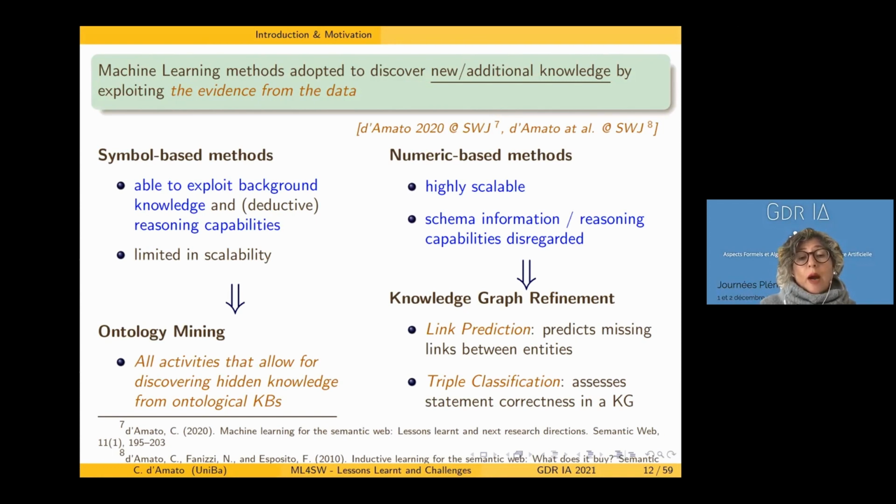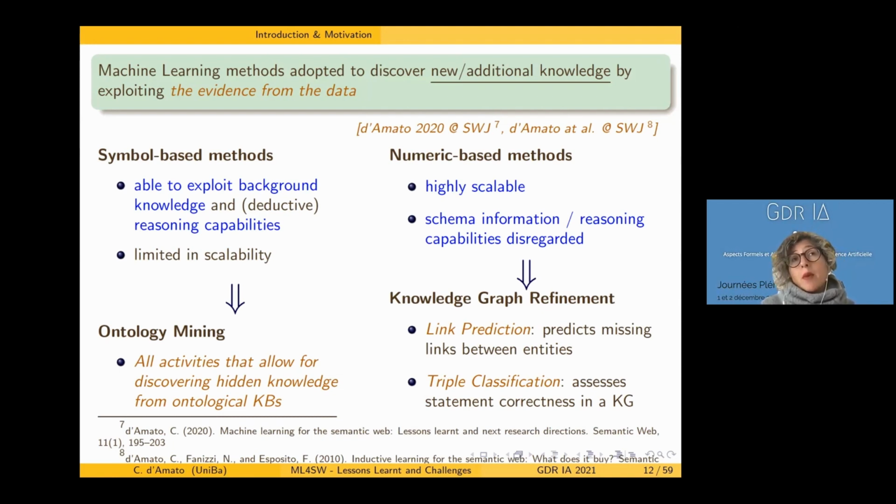And by ontology mining here, we refer to all those activities that allow for discovering hidden knowledge from ontological knowledge bases. The key point of these methods is that they are able to exploit the background knowledge which is provided by the adopted ontologies, and also deductive reasoning capabilities may be integrated within them.